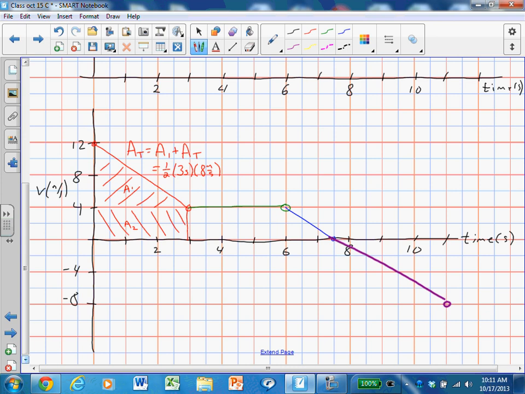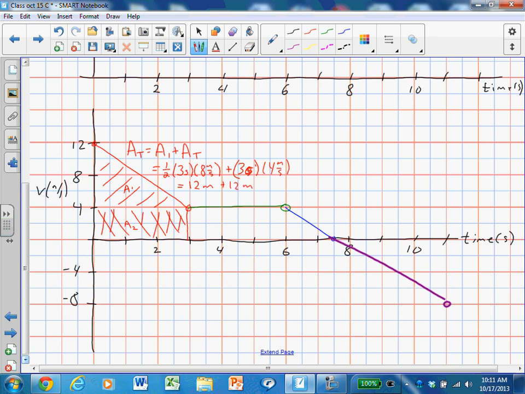Plus this rectangle here, that would be base, which is still 3 seconds, times height, which would be 4 meters per second. So that would be 12 meters. So we get a 24 meter change from that.